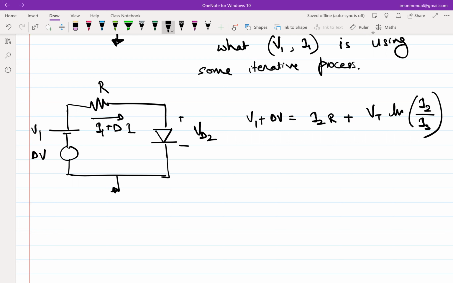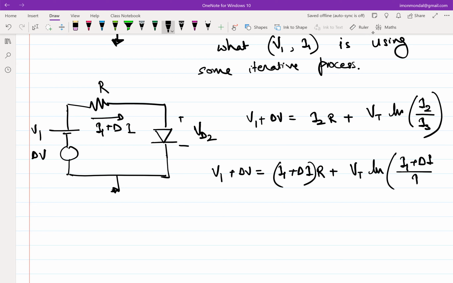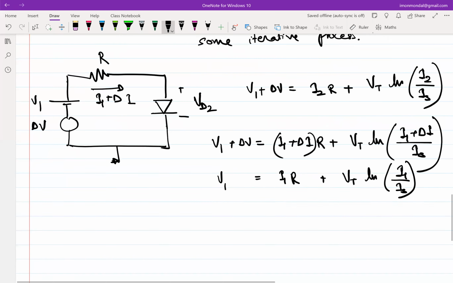So if that is the case, I'll simply replace I2 with I1 plus delta I. So what am I doing? I'm writing V1 plus delta V equals I1 plus delta I times R plus VT times ln of I1 plus delta I by IS. This is one equation, and the other equation was V1 equals I1R plus VT ln of I1 by IS.